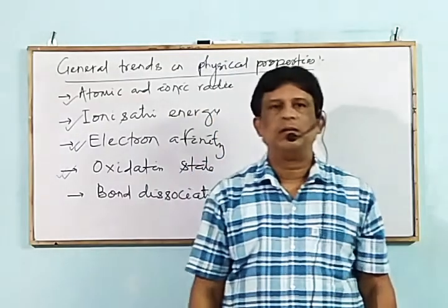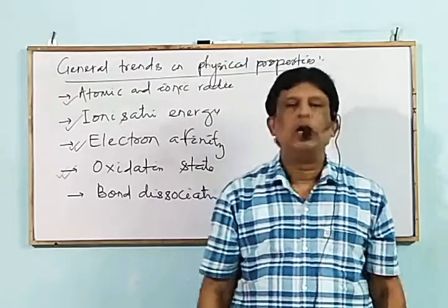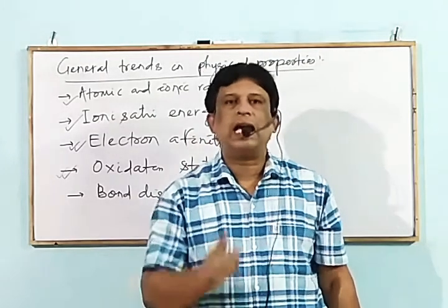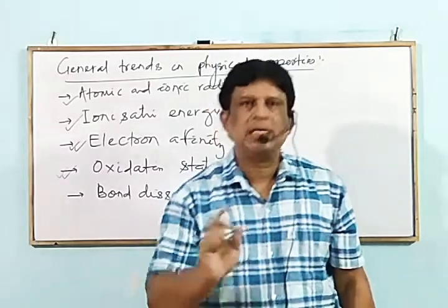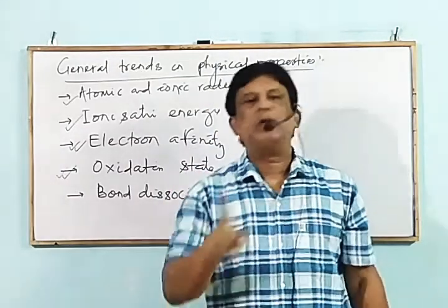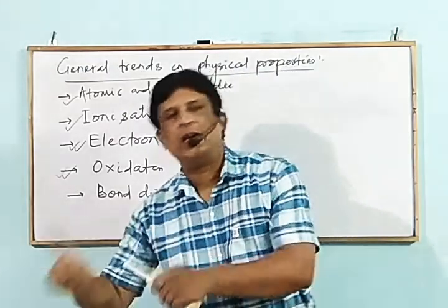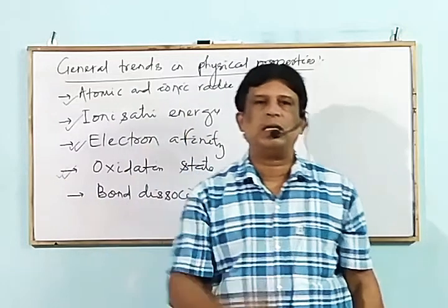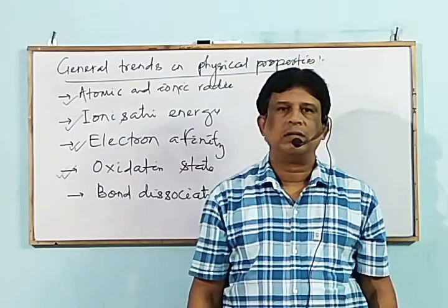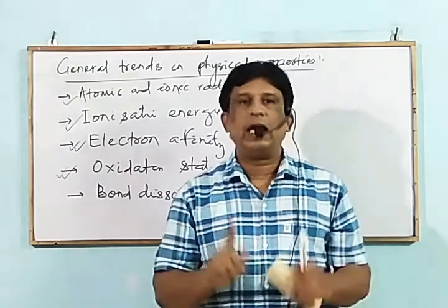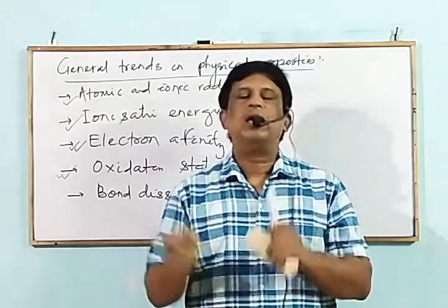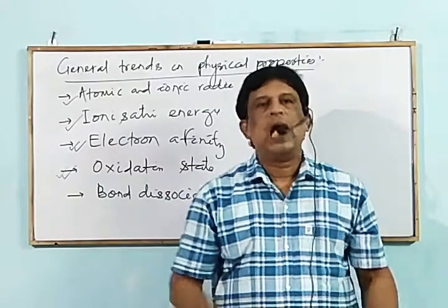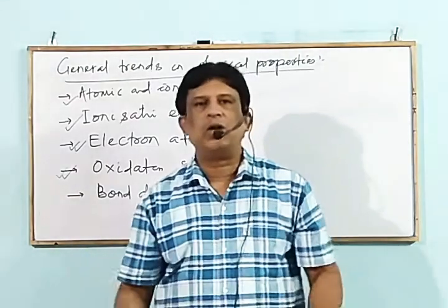However, while moving down the group, the other members of this family have lower electron affinity and the presence of vacant d orbital, so excitation of electron takes place. That means excitation of electron from the p orbital and s orbital to the d orbital takes place, giving variable oxidation states.